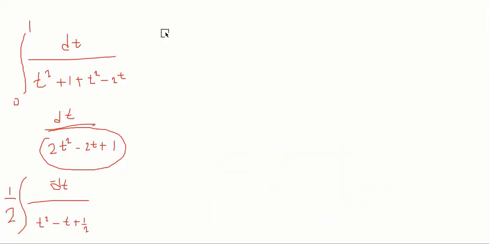Now what we're going to do is, this is half, this is 0 to 1, this is dt, no problem. Can we write the denominator in some form of a square? t square minus t plus half is there.